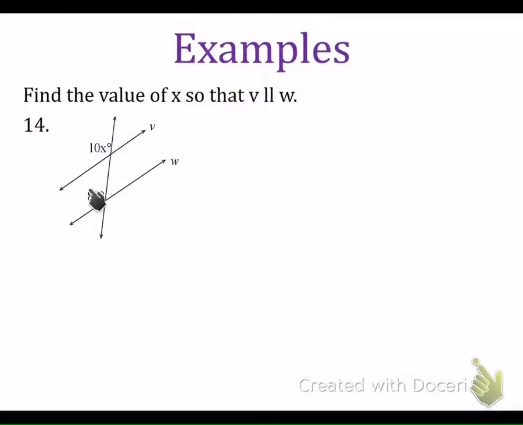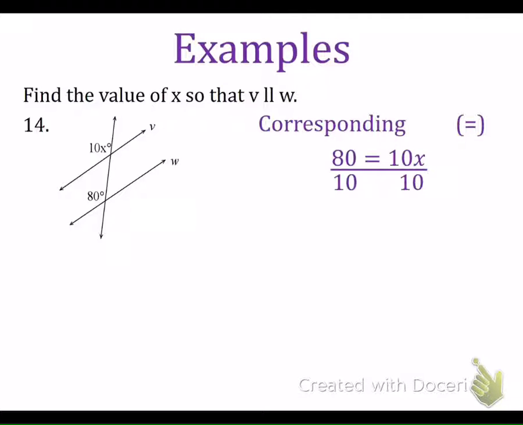Another indicator that they're corresponding is they're on the same side, both above or both below. They can't both be inside or both be outside. Tricky, but they're corresponding. If I want the lines to be parallel, the corresponding angles must be congruent. So make those equal. Pretty easy one to solve. What does the x have to be? 8.